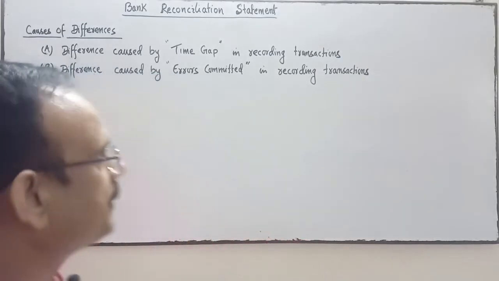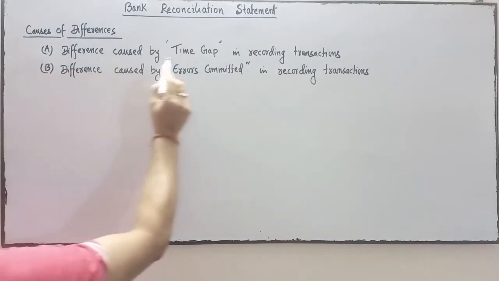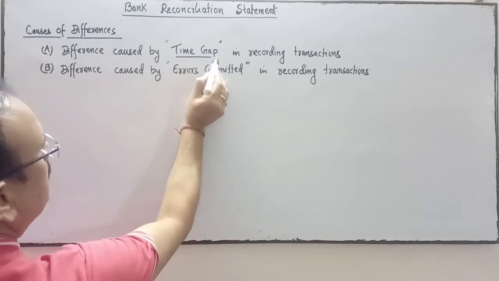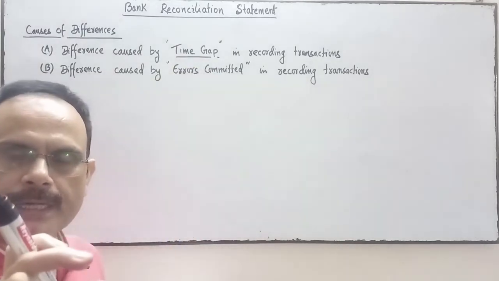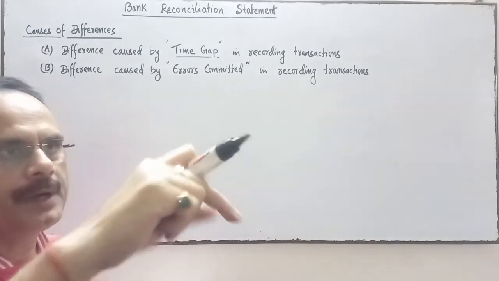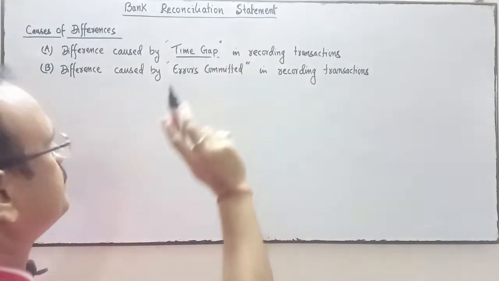So causes of difference, number A, difference caused by time gap. Time gap means the transaction is recorded in cash book on a different date and in passbook on a different date in recording the transactions.